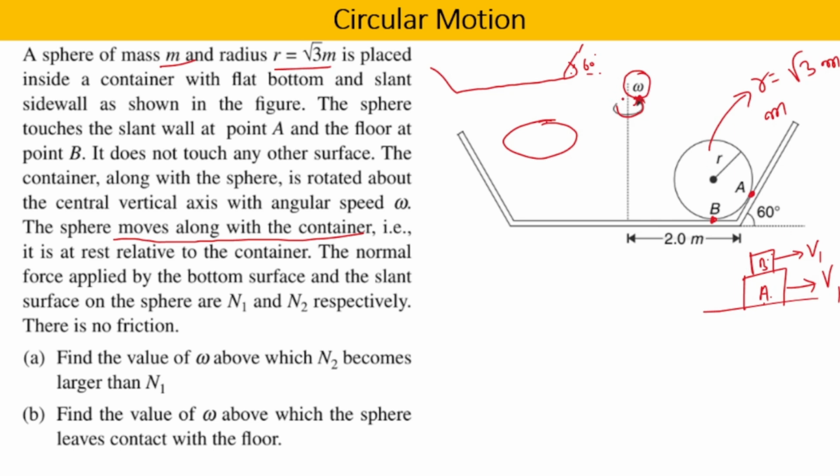So in this case, angular velocity we are talking about. So relative angular velocity between the sphere and this container is going to be 0. Yani ki both are going to move in a circle with same angular velocity. Okay, sorry. So it is at rest relative to the container. We can say that the sphere is at rest relative to the container because they are moving along together.